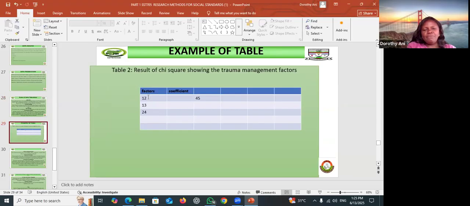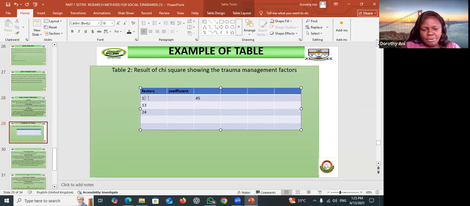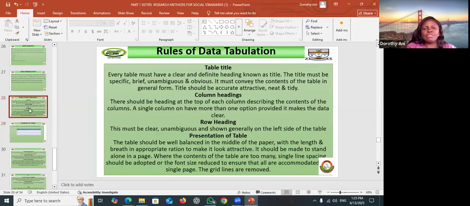Okay, maybe the factors now are maybe gender. So that row is gender. So it's good for you to know to put the column name, the row title in a table. Don't just leave it like that.